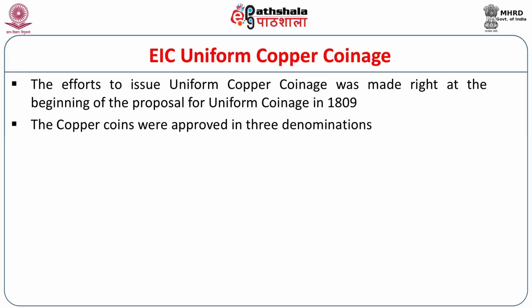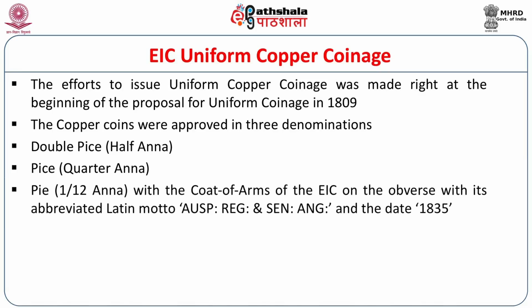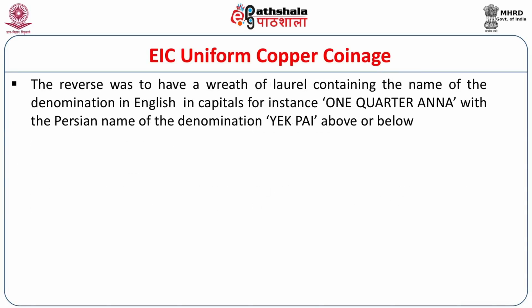Thus, under the Act 17 of 1835, 3 denominations were approved: the double pice, also called half anna, the pice, also called quarter anna, and the pie, which was 1/12 of an anna, with the coat of arms of the East India Company on the obverse of the coin with its abbreviated Latin motto, and the date 1835.